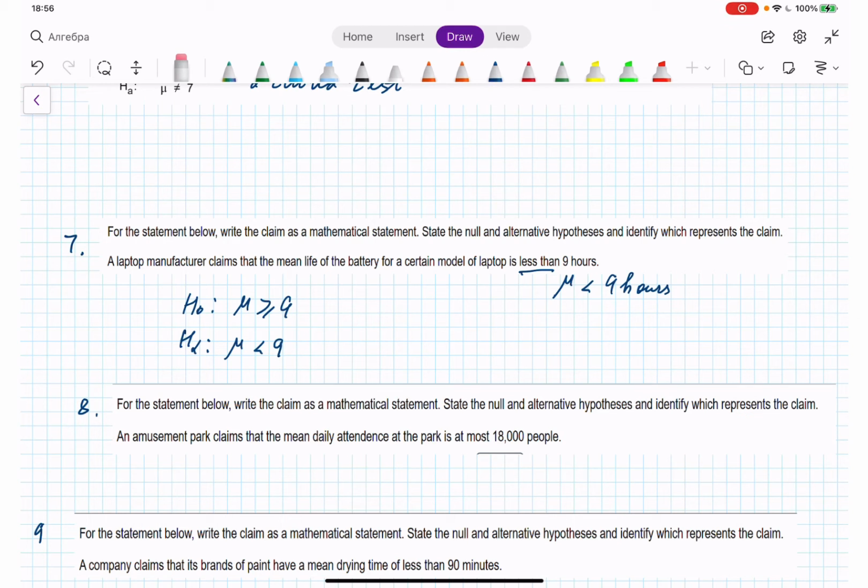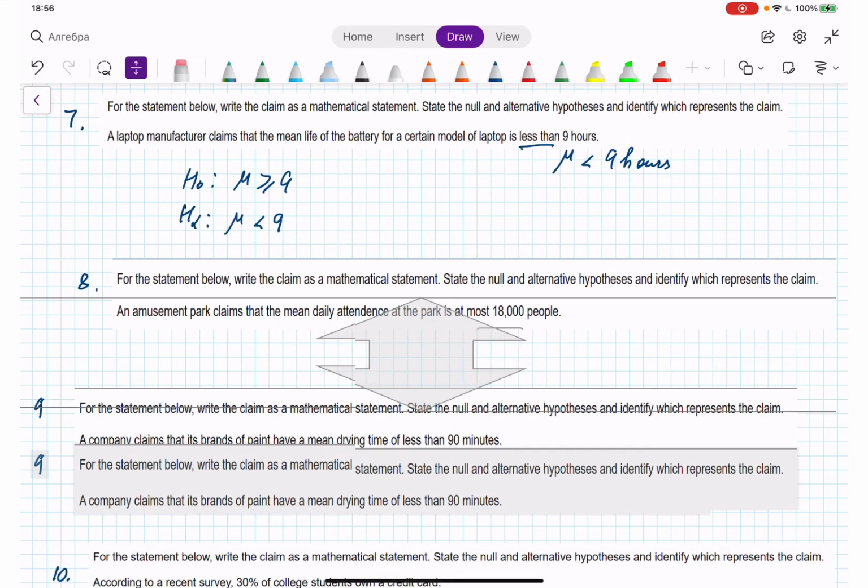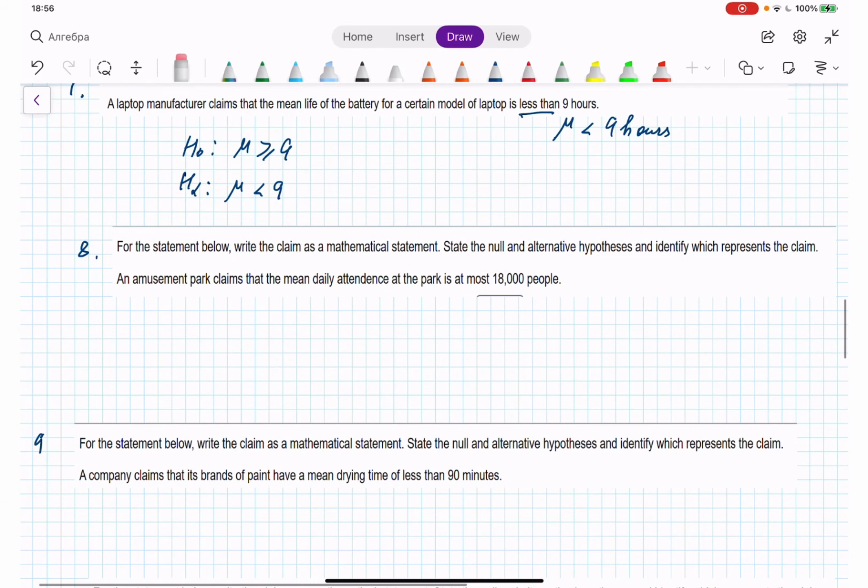Question number 8. For the statement below, write the claim as a mathematical statement. An amusement park claims that the mean daily attendance at the park is at most 18,000. When it says at most, that means 18,000 or less.